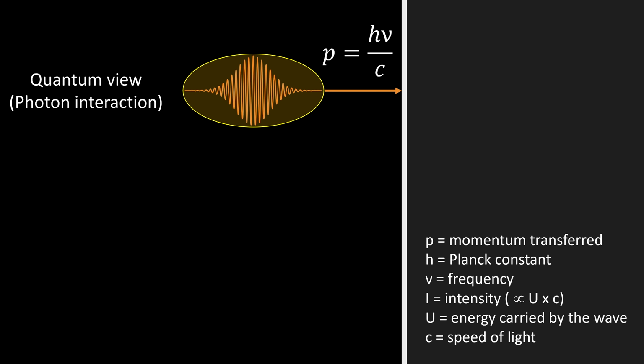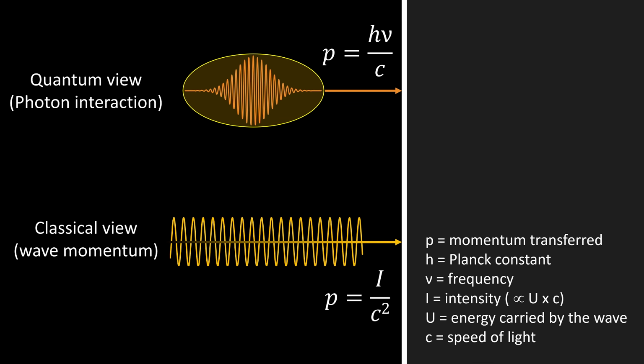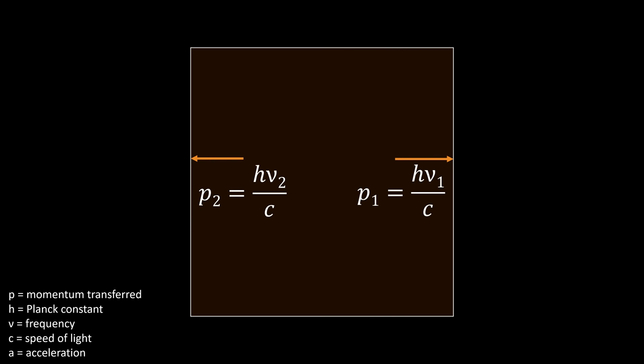Let me just quickly try to summarize where this pressure is coming from. In fact, it doesn't really matter whether you consider light to be a number of quantized interactions with a wall, each representing a specific amount of energy and momentum, or you consider light to be a classical wave with intensity. Let's for a change explain it using the quantum description of light now. The momentum transferred by a quantum depends on its frequency, and during acceleration, a Doppler shift is introduced between the walls, shifting the frequency to a higher value on one side and a lower value on the other side.